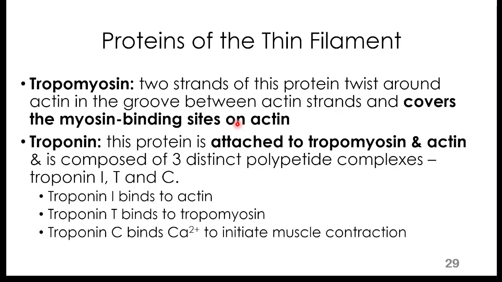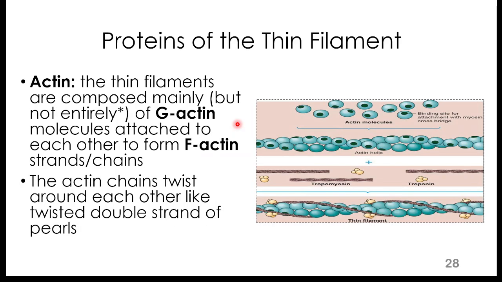So let's go back here. Now these dark spots on each actin molecule, they are what we refer to as the actin active sites, and it is to these active sites that the myosin heads will bind later during the course of contraction.